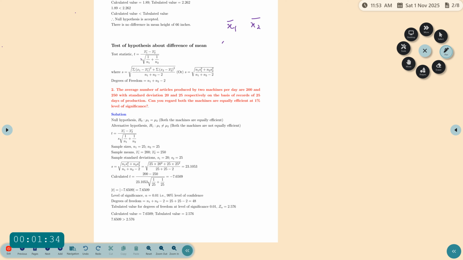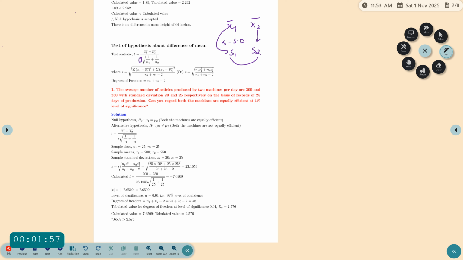And then S is the standard deviation. But here the standard deviation would not be given straight away. For sample 1, standard deviation S1 would be given, and then the standard deviation of sample 2, S2, will be given. From this S1 and S2 we have to calculate the value.